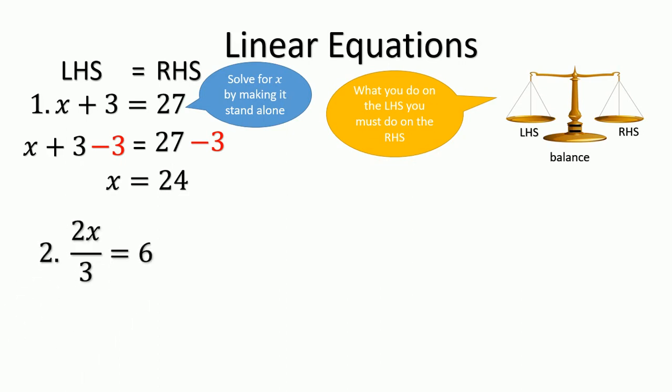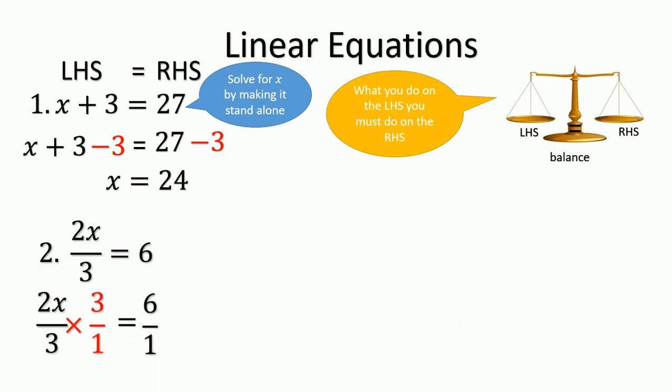In the next example, I've got 2x over 3 = 6. Again, the 3 at the bottom here needs to be removed in order to get x alone, but it is being divided, so I need to multiply by 3 in order to get that 3 at the bottom away. What I do on the left hand side, I must do on the right hand side.